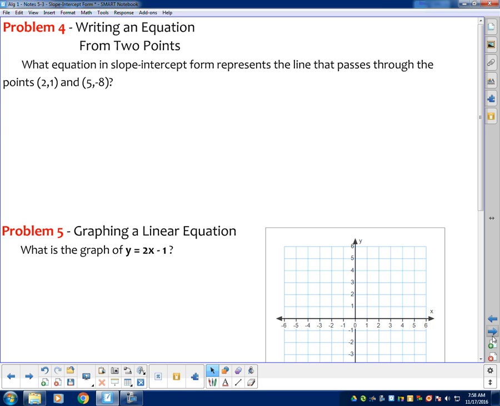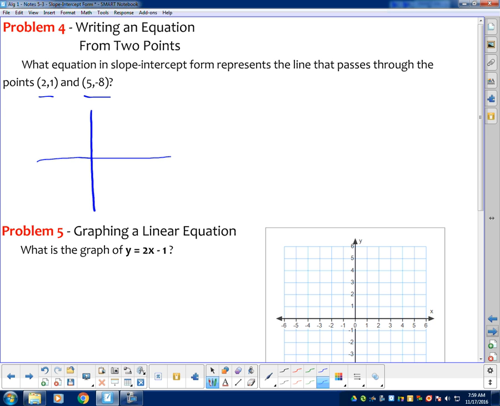So here we're given the points (2, 1) and (5, negative 8). So those are my two data points. We could graph it. If I graph it accurately enough, I could use the graph to find m and find the y-intercept, but it's not always an easy thing to do.